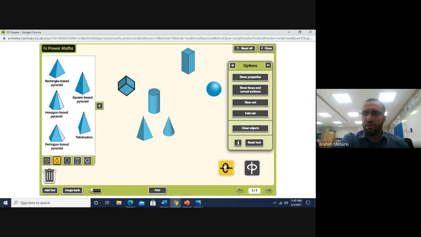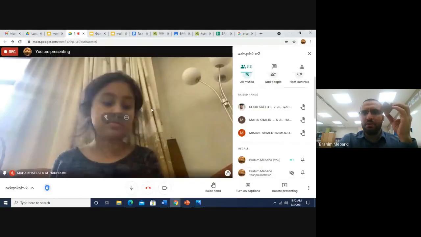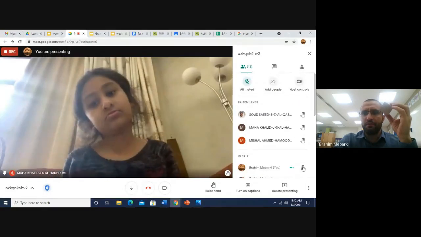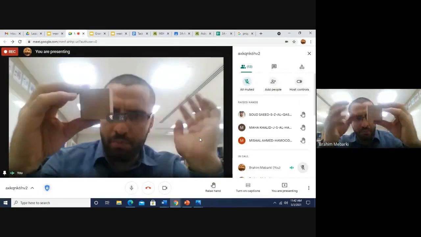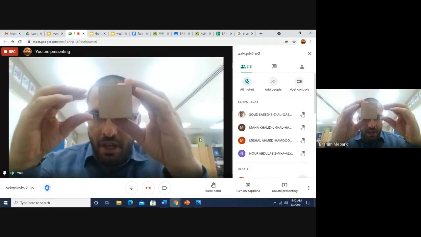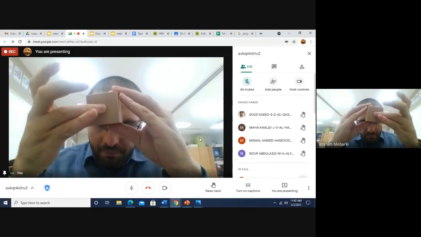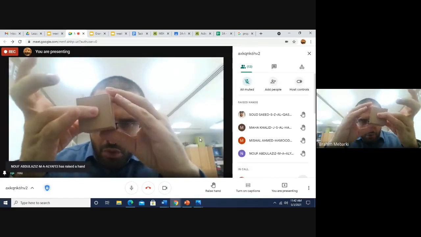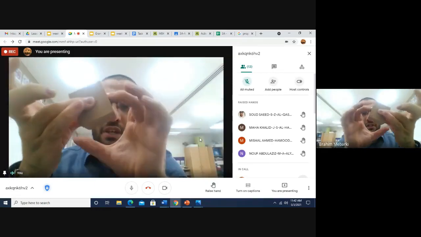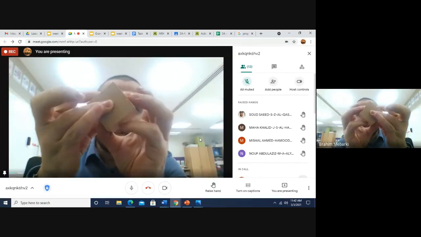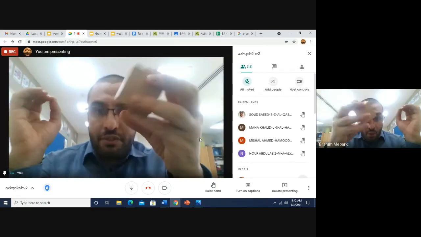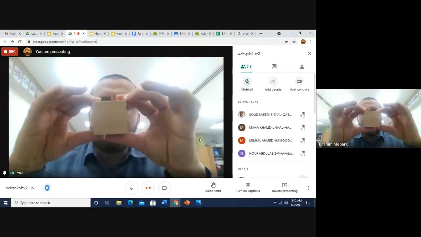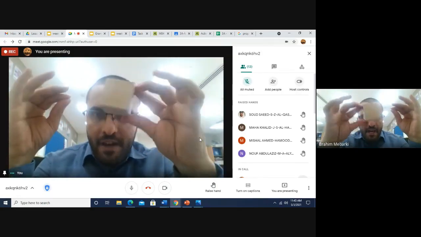Okay, I'm going to show you here. This is a cube. How many faces does it have? 1, 2 on the opposite side, 3, 4, 5, 6. So a cube has 6 faces.